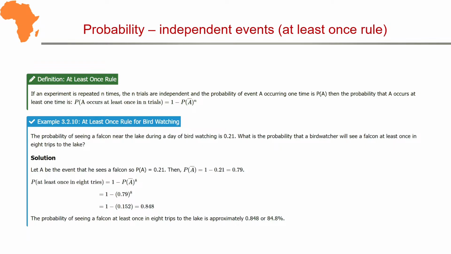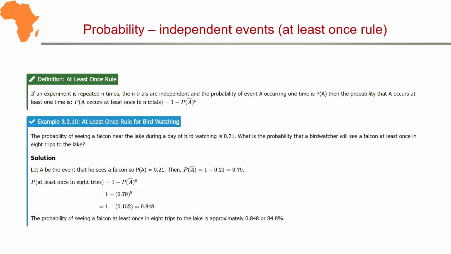An example of something called the at least one rule. I'll show you how it works. The probability of A, we can say the probability of not A, or the probability of something else. Now, if an experiment is repeated 9 times, then the n trials are independent. You're flipping a coin 9 times. Those are independent events. Your first flip is not dependent on the second flip.